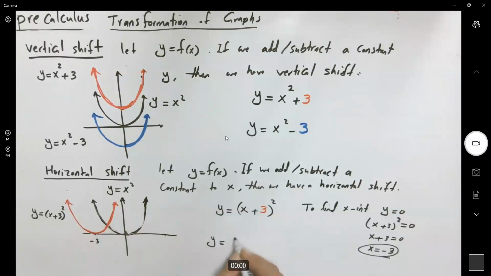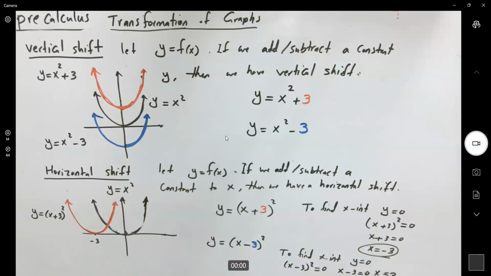So now y equals (x minus 3) to the second power. How to ensure that I have a correct horizontal shift? To find the x-intercept, set y equal to 0. Y is 0. It means that (x minus 3) to the second is 0. This quantity must be 0.